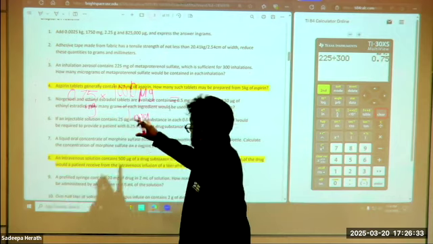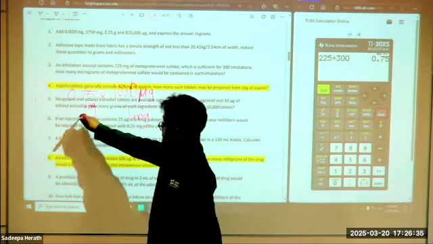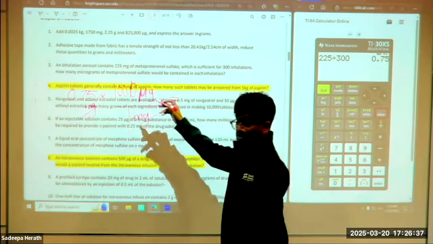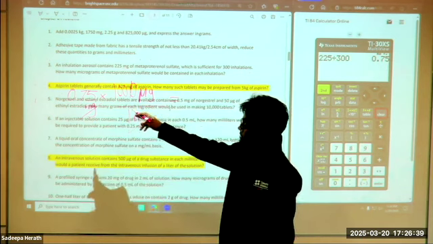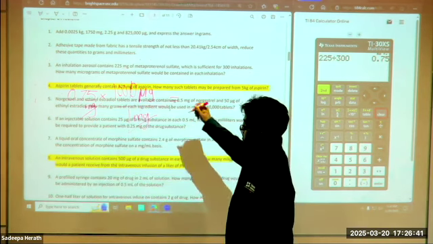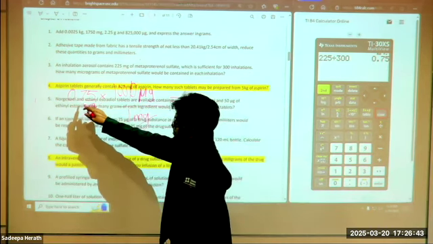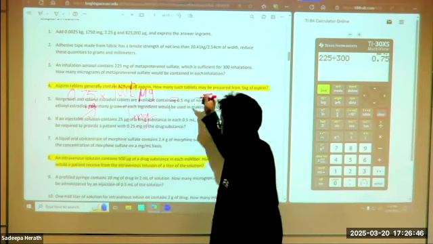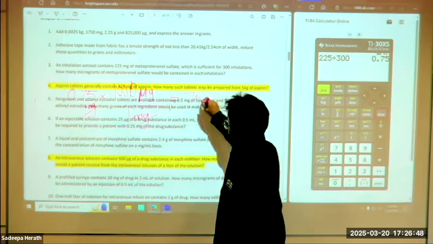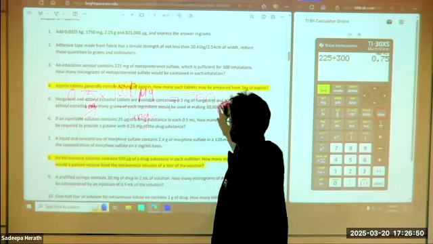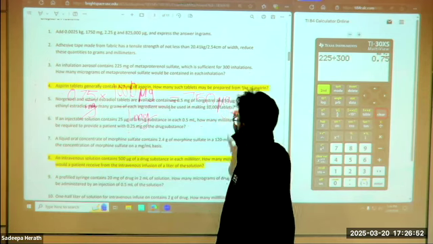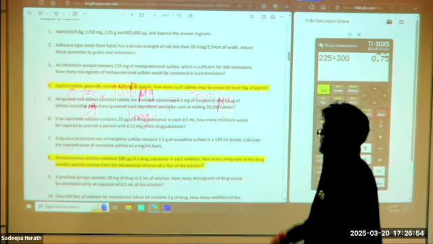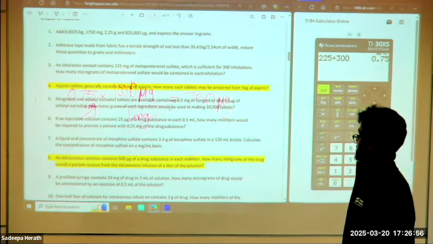So milligrams to milligrams, that crosses out, and what you're left with is micrograms. 0.75 times 1,000, you're moving the decimal place 1, 2, 3 times: 750 micrograms of metaproterenol sulfate.